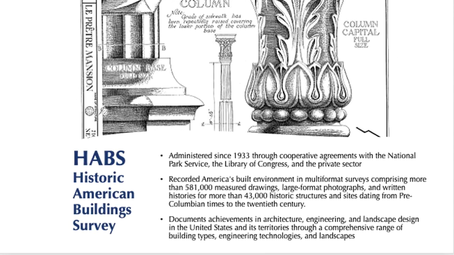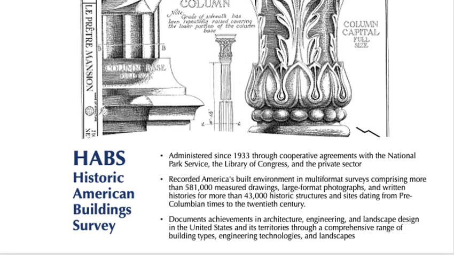Now, one really good example of this kind of close reading is the Historic American Buildings Survey, and a lot of the images in this presentation and in other presentations I've shown you this semester come from HABS. HABS is administered by the National Park Service, and all of the documents generated by HABS are also held at the Library of Congress.